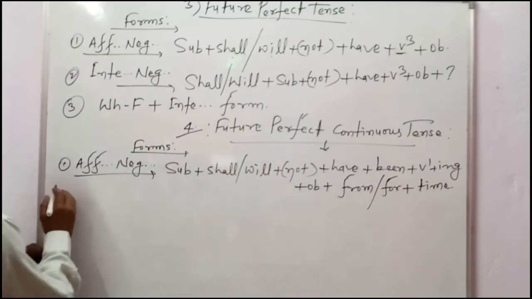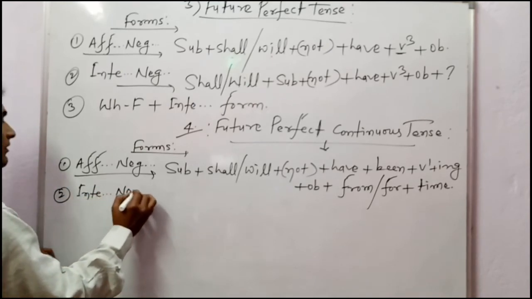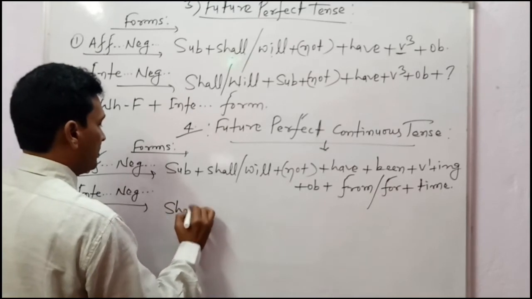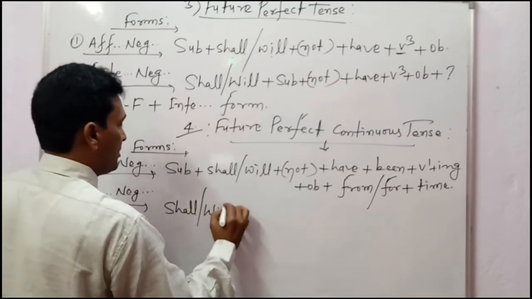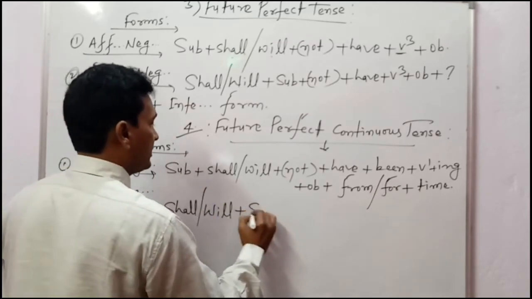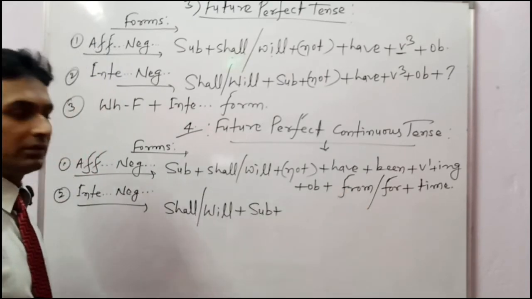Now it's interrogative and negative formula, right? So if I write shall, will first, it will make the meaning of 'kya' in an interrogative sentence, then the subject will take its place, and then from not everything will remain the same, right?